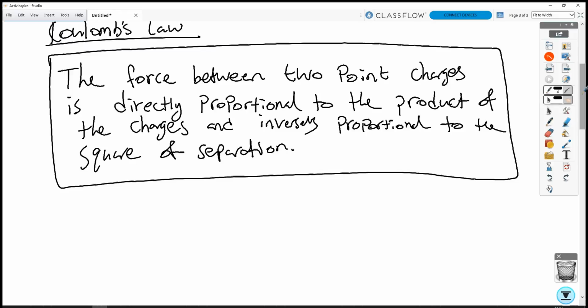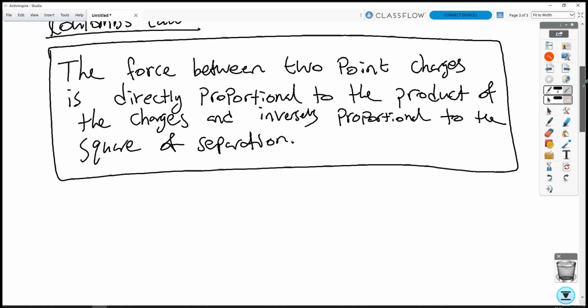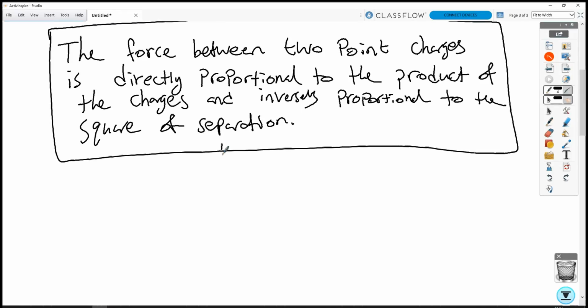Now, using that definition, we're going to construct an equation by considering the diagram above where you have Q1 and Q2. We're going to read through the definition and use that to construct a mathematical relationship. So the force between 2-point charges is directly proportional, so I'm going to put a proportionality symbol.